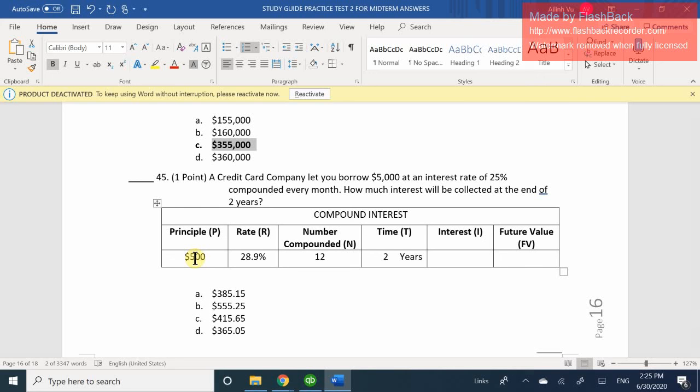Okay, so a credit card company lets you borrow $5,000 at an interest rate of 25%, compounded every month. Okay, how much interest will be collected at the end of 2 years?